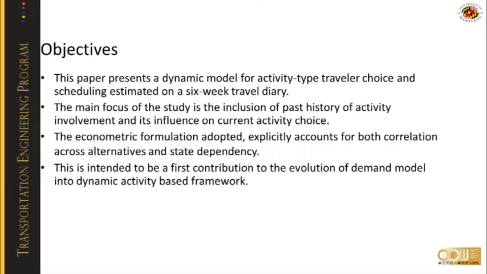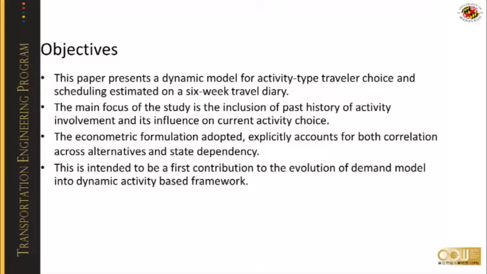I also wanted to account for past history of activity and past choices in the choice of activities. So I wanted to know, for example, if I did an activity yesterday, am I going to do the same activity today? There are a lot of lagged variables in that model.